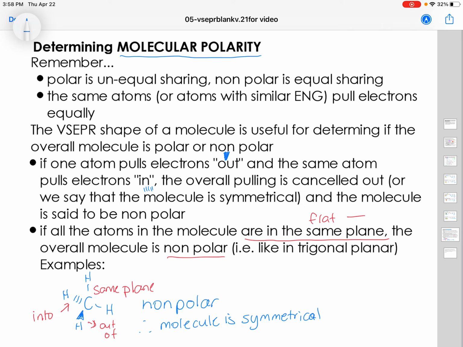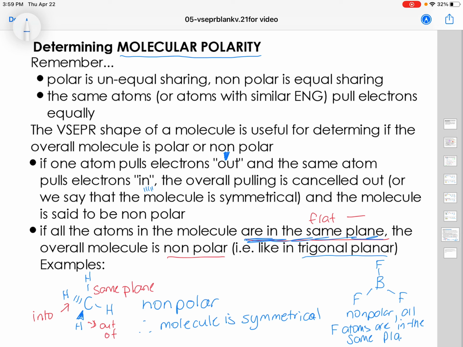Okay? So another example here is trigonal planar. So we did BF3. And sometimes people think because 3 is an odd number, okay, well then odd isn't symmetrical, right? However, this is where they're all in the same plane. So you would say nonpolar, all F atoms are in the same plane.